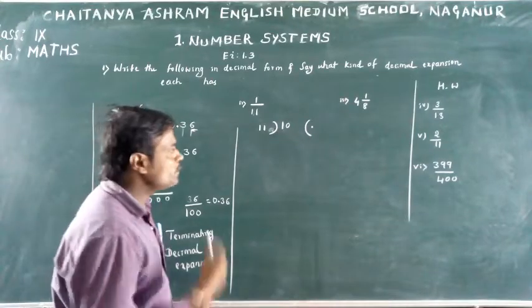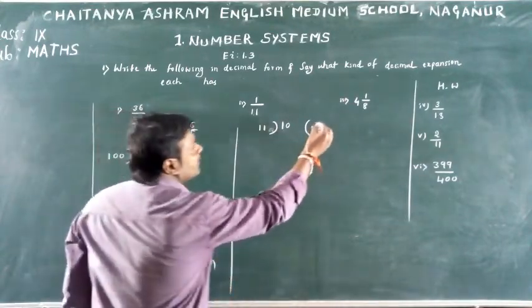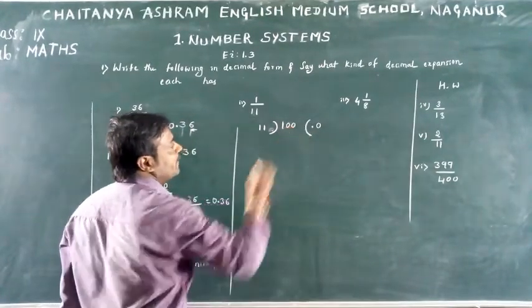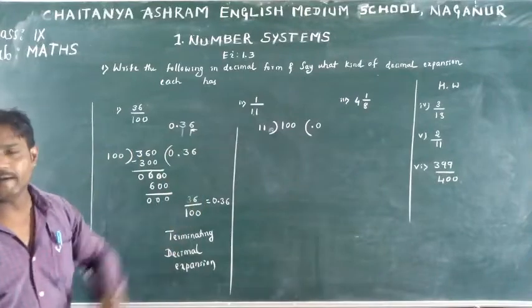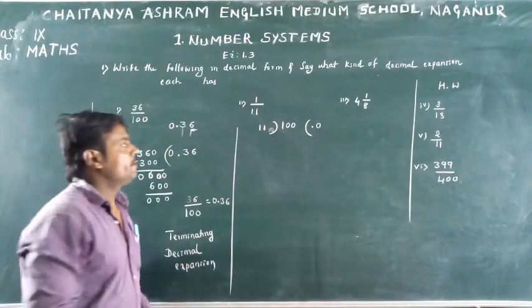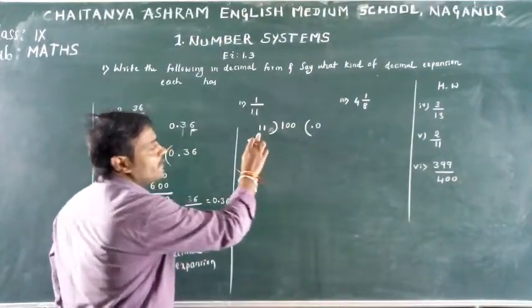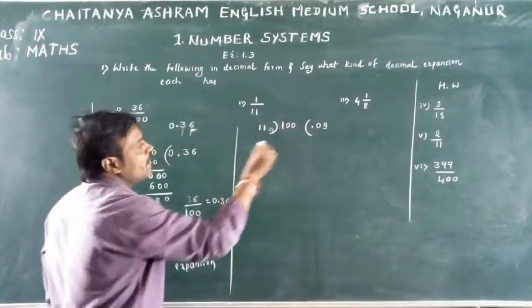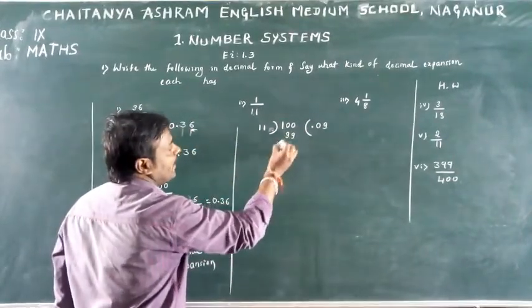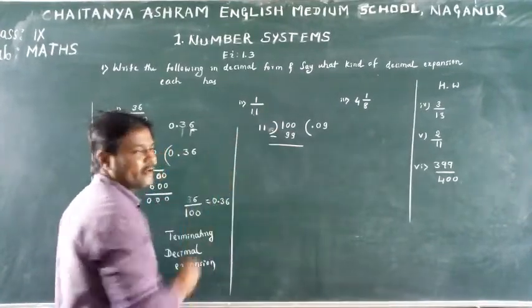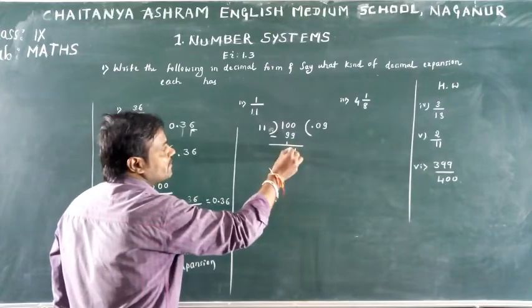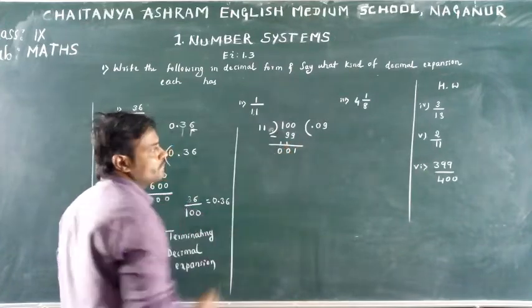No problem. Use your earlier knowledge. Write 0 in the quotient place. Write 0 in the dividend place. Now it is 100. So which is near to 100 in the 11 table? 9 ja, 99. Okay. Subtract: 10 minus 9 is 1, 10 minus 10 is 0.